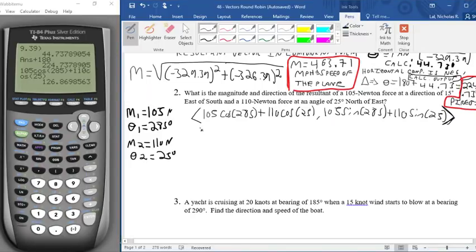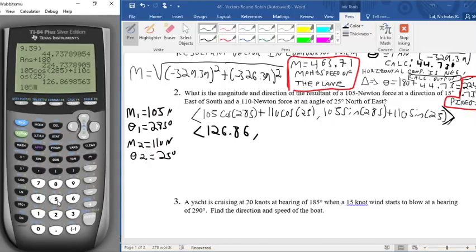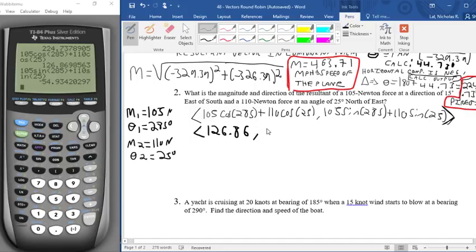Now, the vertical component is going to be 105 times the sine of 285 plus 110 times the sine of 25. So that's going to be negative 54.93.